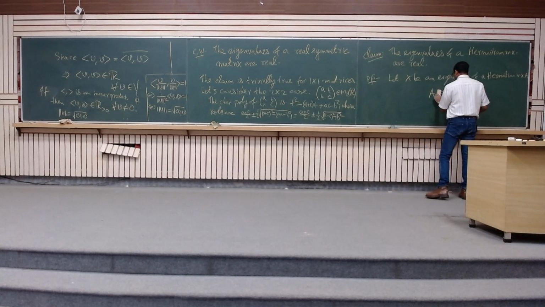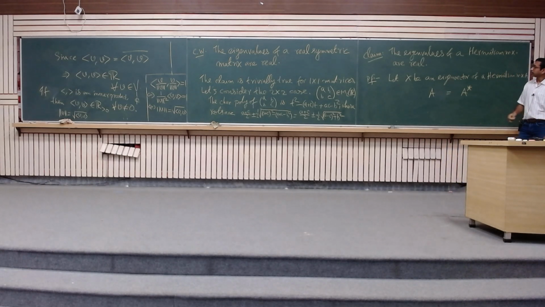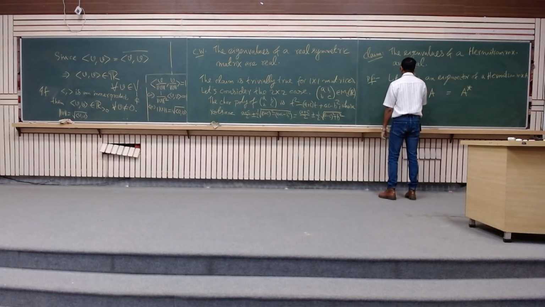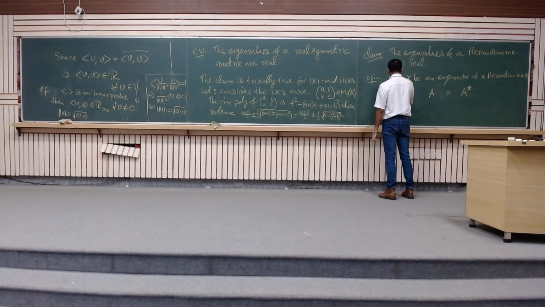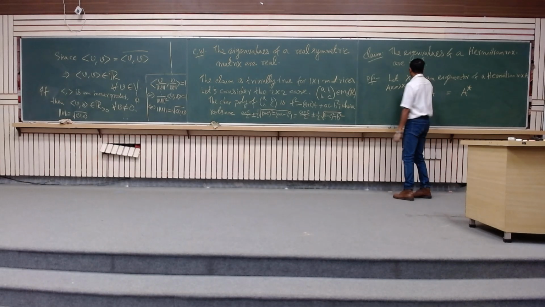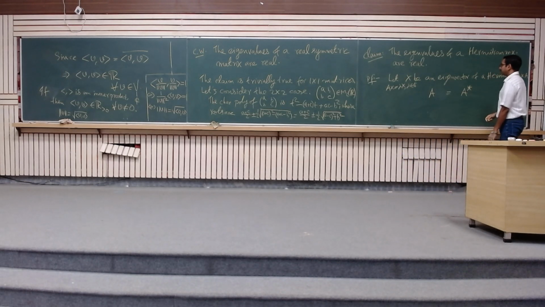A is equal to A star. Now, Ax is equal to lambda x for some lambda, which is a complex number. A priori, we do not know whether it's real. So here lambda is in C. And we also have A equals A star.